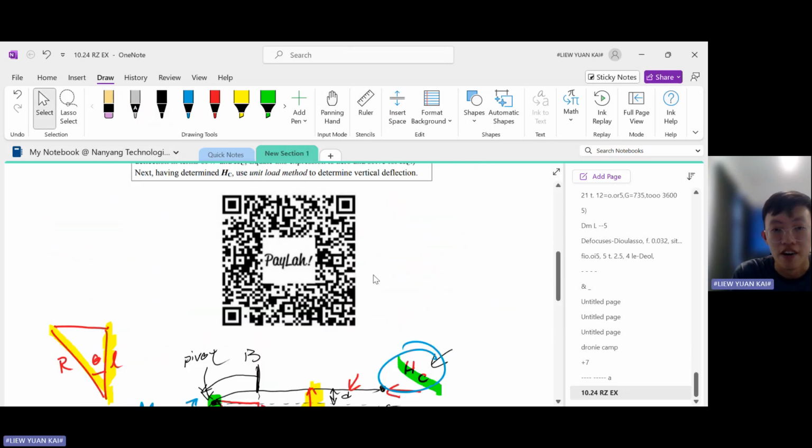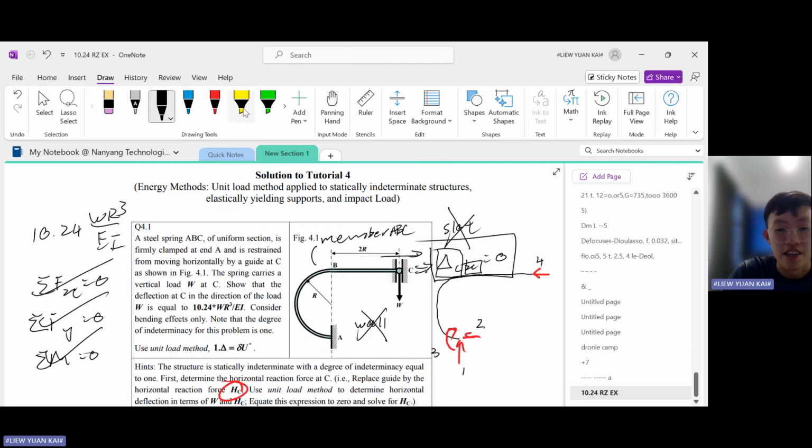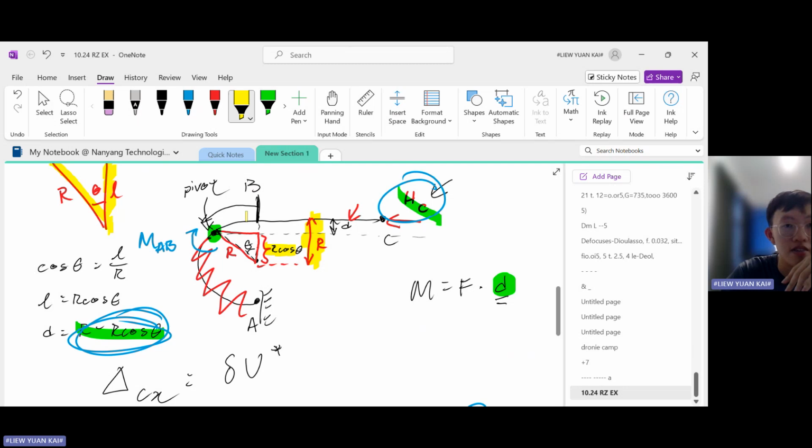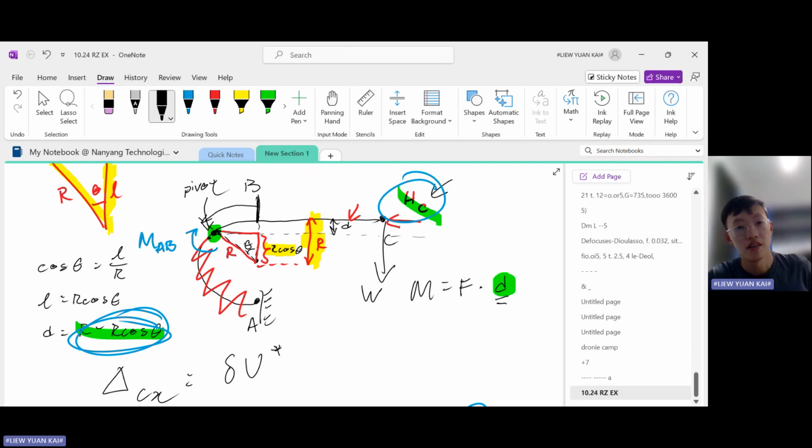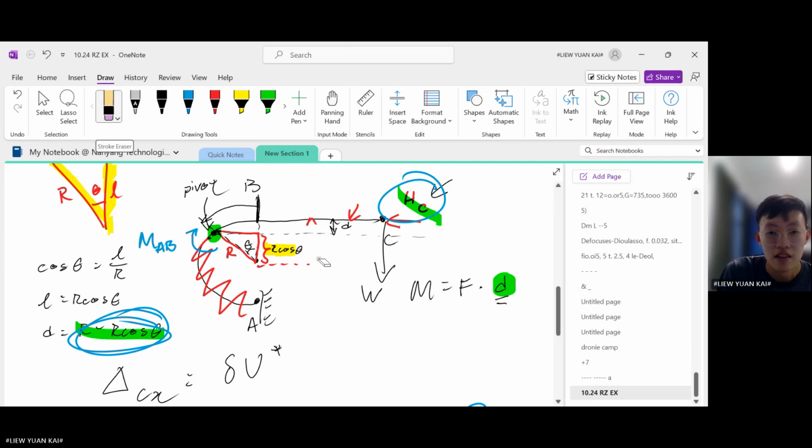Oh yeah, don't forget, I forgot about including this W. You need to draw W in your free body diagram. So actually there's W here. W also provides a moment about the pivot. So let's find the moment arm of W away from the pivot.